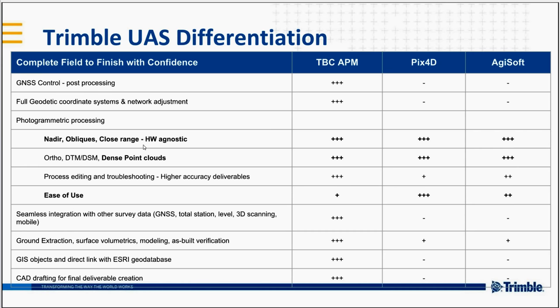We were always perceived as the highest quality in the nadir space, and UAS Master has a great reputation there, but the oblique and close range was something that we were lacking. So we believe we are now on par with Pix4D and PhotoScan in that sense, as well as dense point cloud reconstruction. We still have ways to go on ease of use.